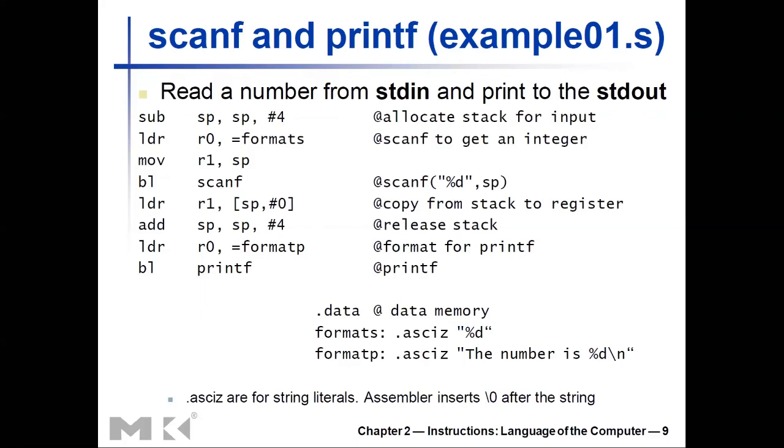In this example, we are trying to read an integer, so we need to store an integer in memory. So we reduce the stack pointer by 4, and the stack pointer is now pointing to the location that we have allocated in memory.